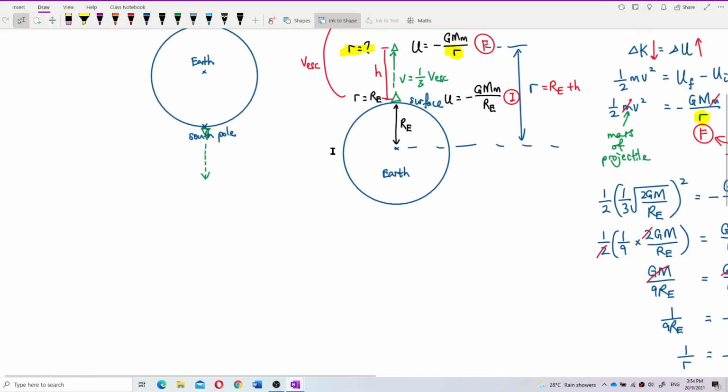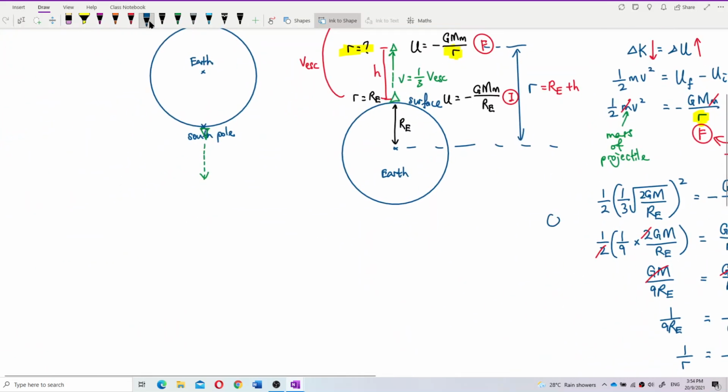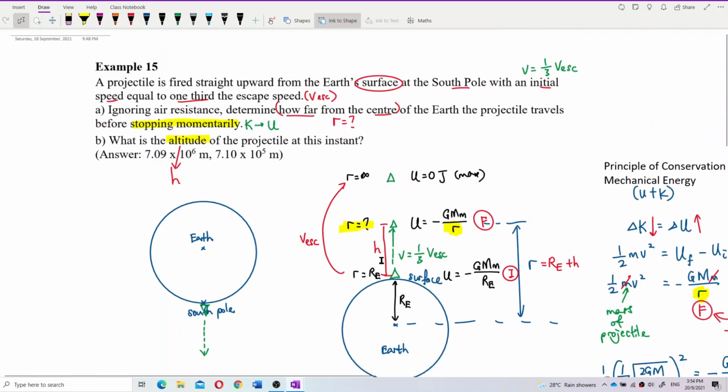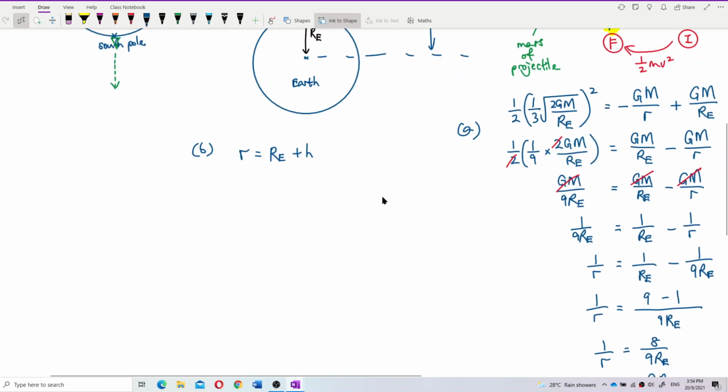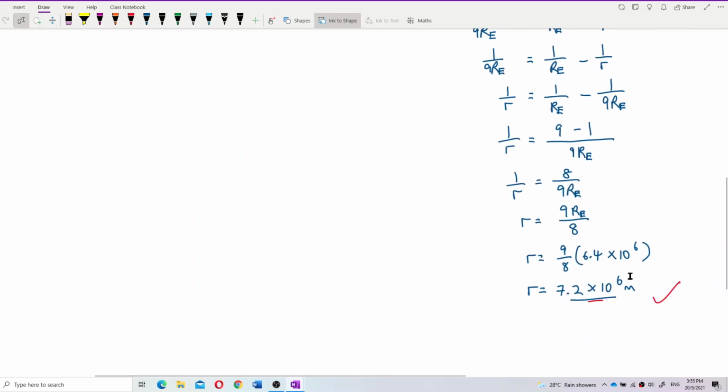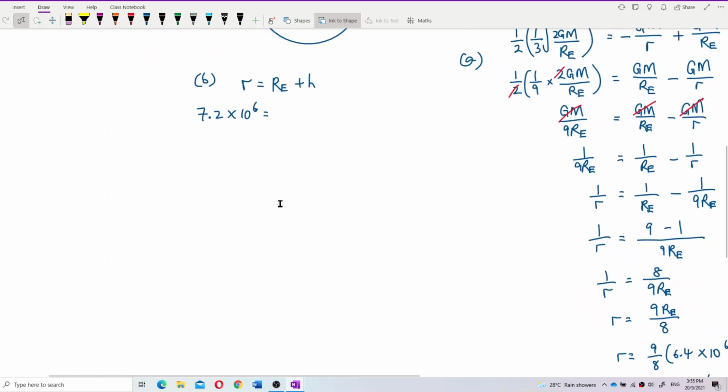So now question B. R is the radius of Earth plus the h, which I want to find. My R is 7.2 exponent 6, equal to the radius of Earth, which I used just now, 6.4 exponent 6, plus the h.